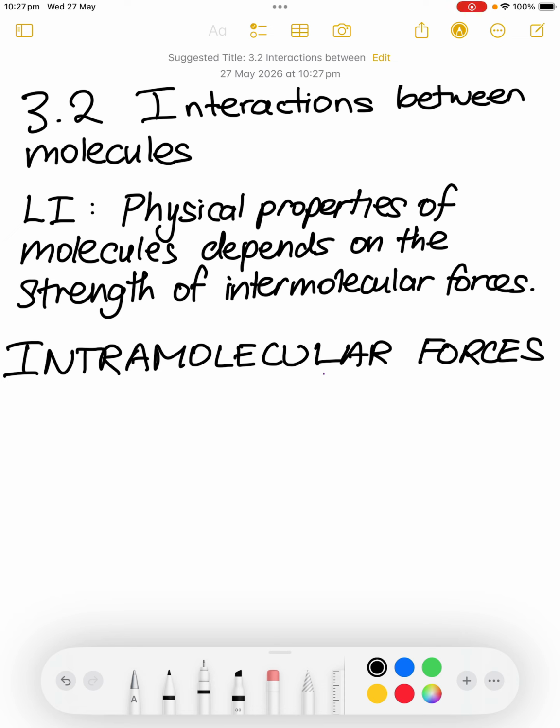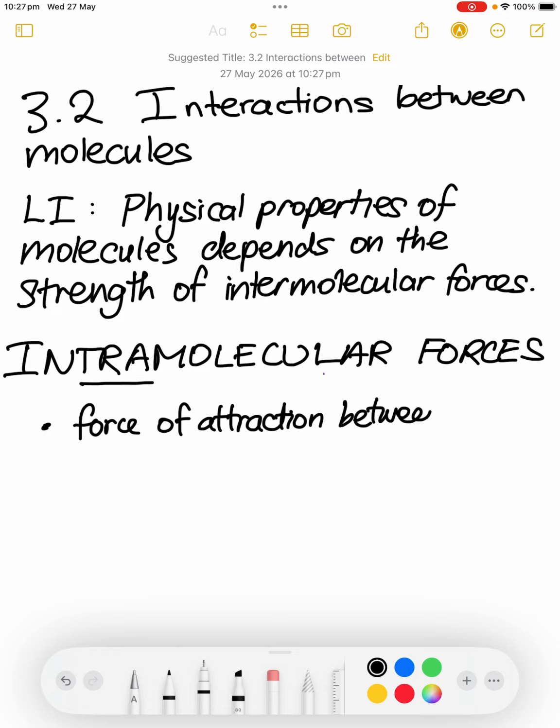Those are known as your intramolecular forces, and I'm just going to put an underline between the "tra" section. And what is that? That's the force of attraction between atoms in a compound.